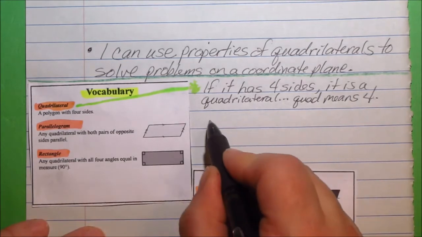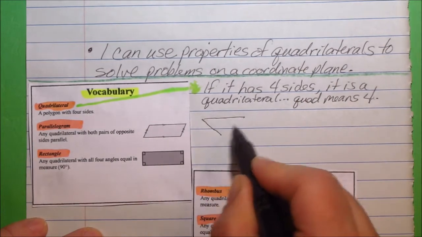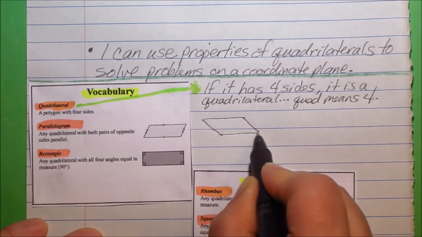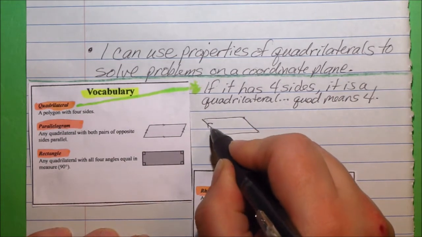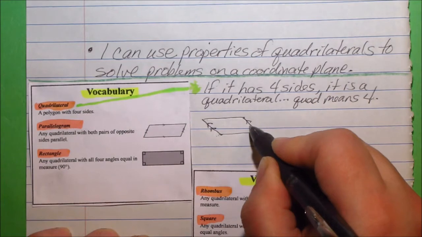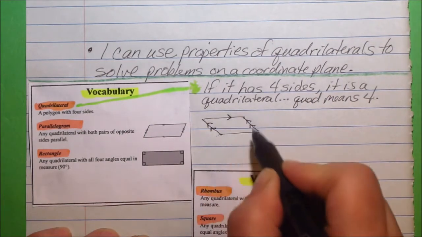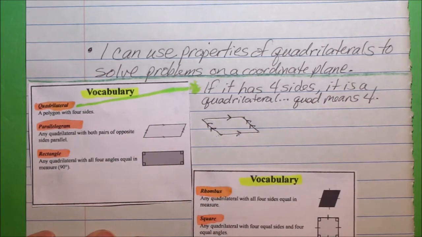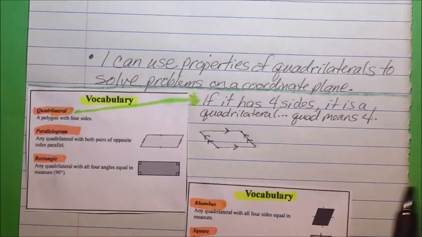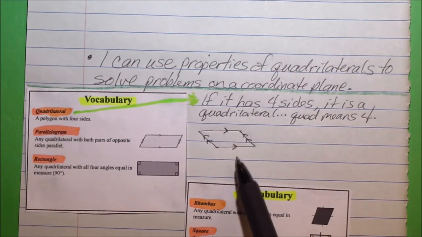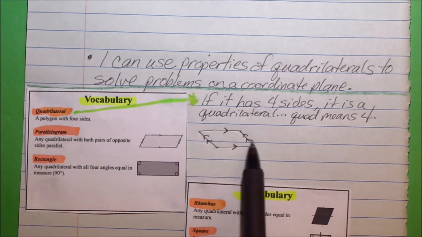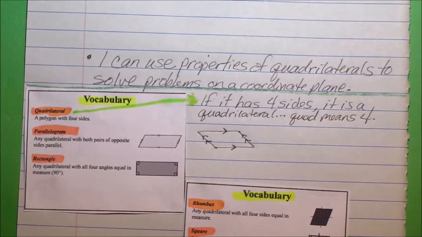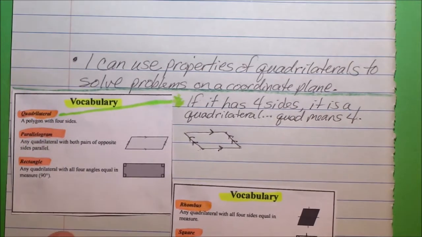So, for example, this is a parallelogram because this side is parallel to this side, and this side is parallel to this side. And we show it with these arrows, meaning the ones that are parallel have the matching number of arrows. Like this side and this side have just 1 arrow, that means those two are parallel. This side and this side have 2 arrows, that means those two are parallel. That's how they show that in math. You'll see that coming up soon.